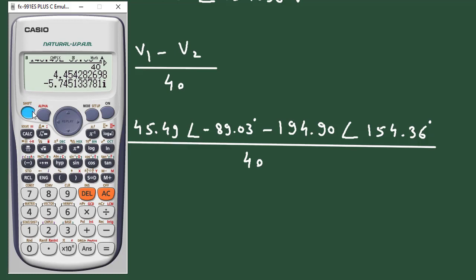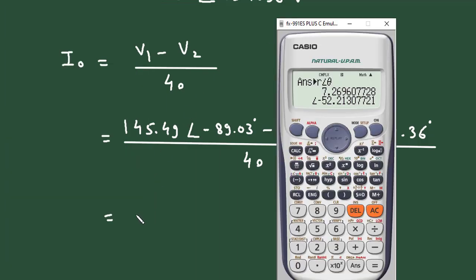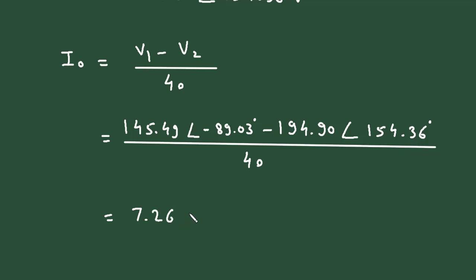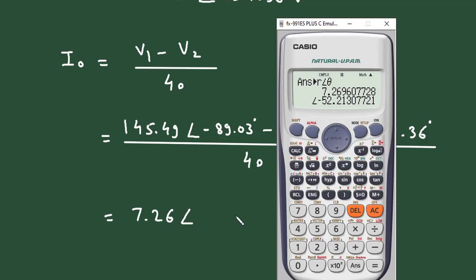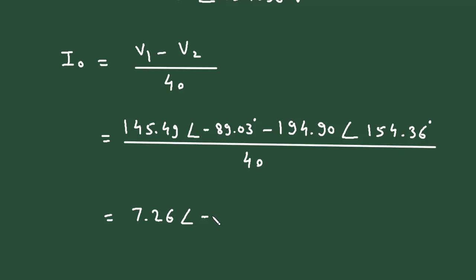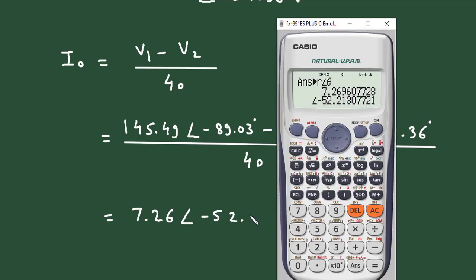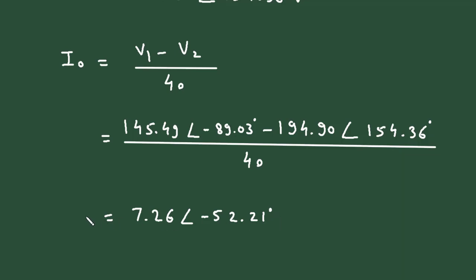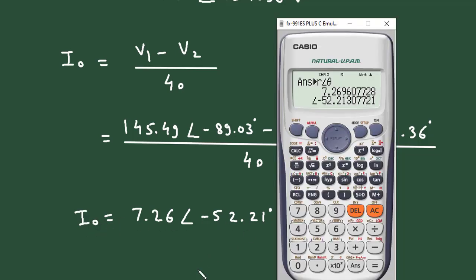In polar form, it is 7.26 at an angle minus 52.21 degree, and since it is current, its unit will be ampere. 7.26 at an angle minus 52.21 degree.